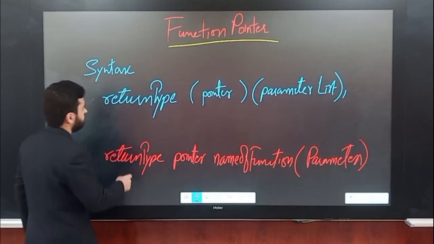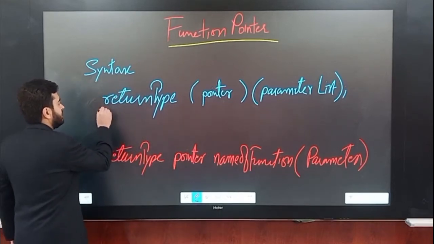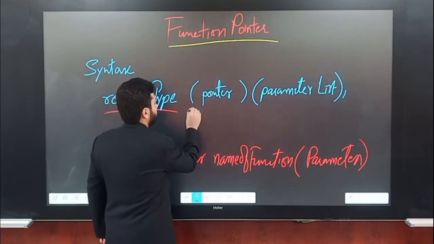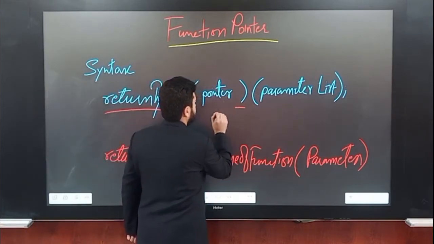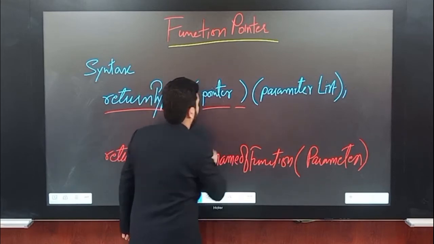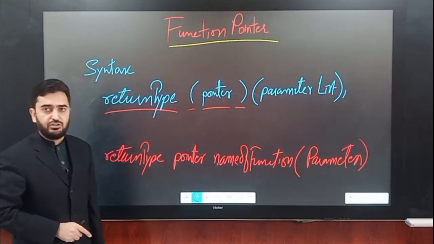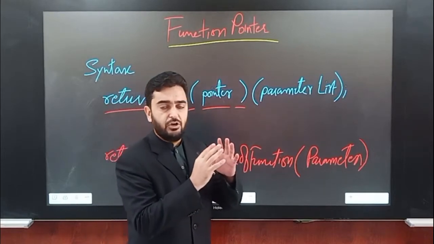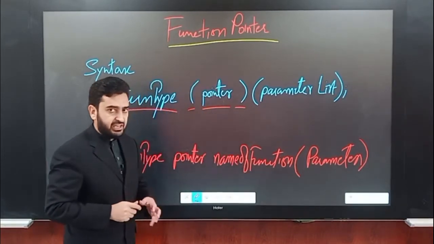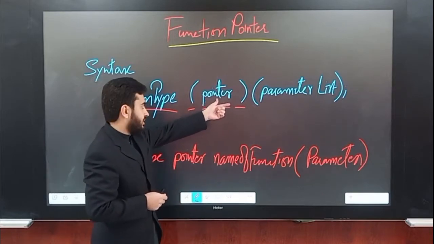Here you can see you need to write out the return type. Then you need to introduce the opening and closing parentheses, and then declare a pointer, just like the pointers we declare for other variables, with an asterisk and a variable name, the identifier.